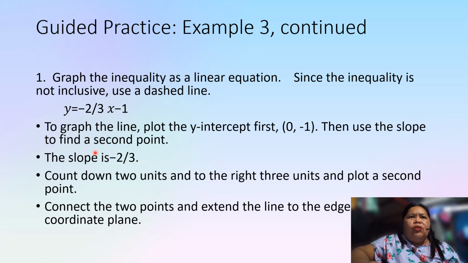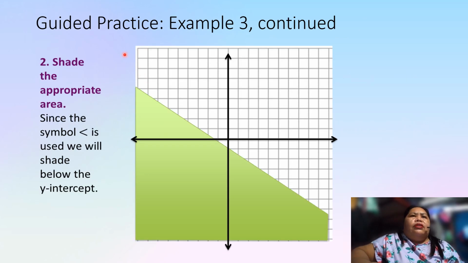Then use the slope to find the second point. The slope is negative 2/3. Then count down 2 units and 3 units to the right to plot the second point. Just connect the 2 points and extend the line to the edges of the coordinate plane. Like this. So shade the appropriate area.